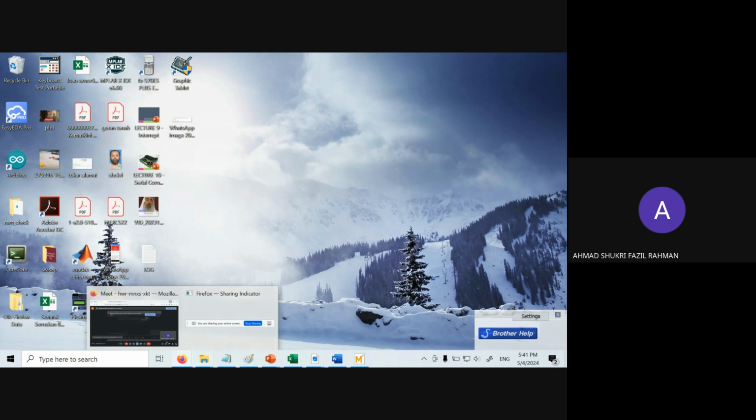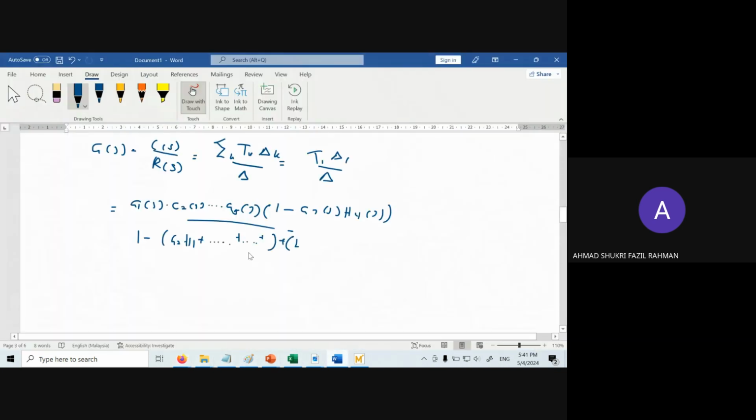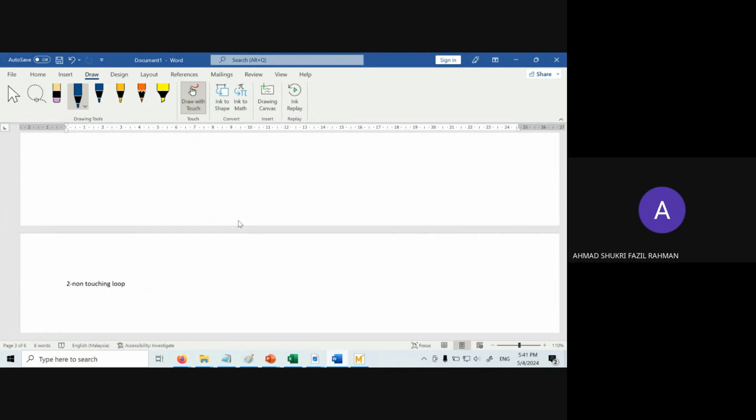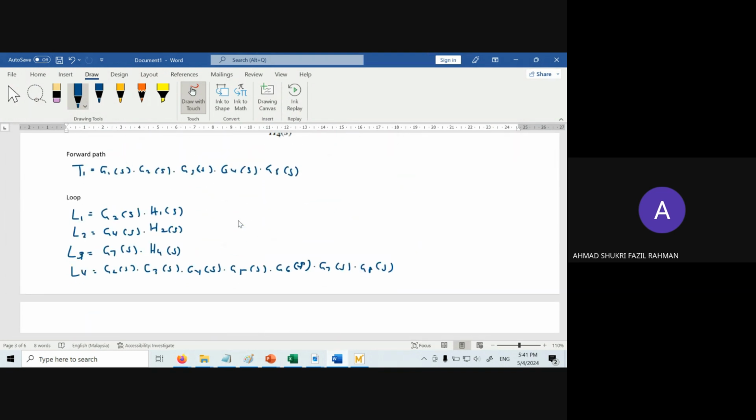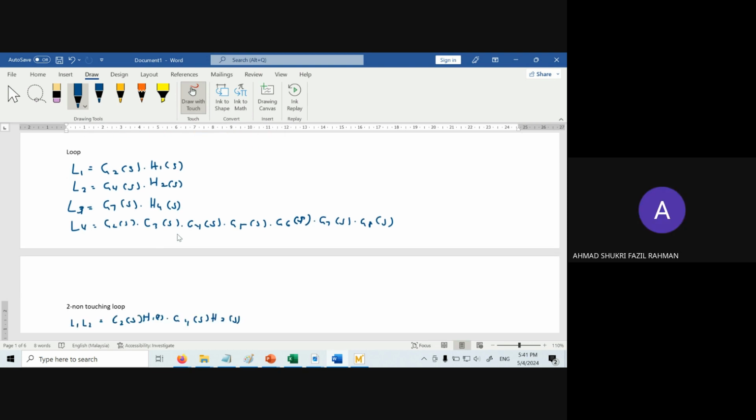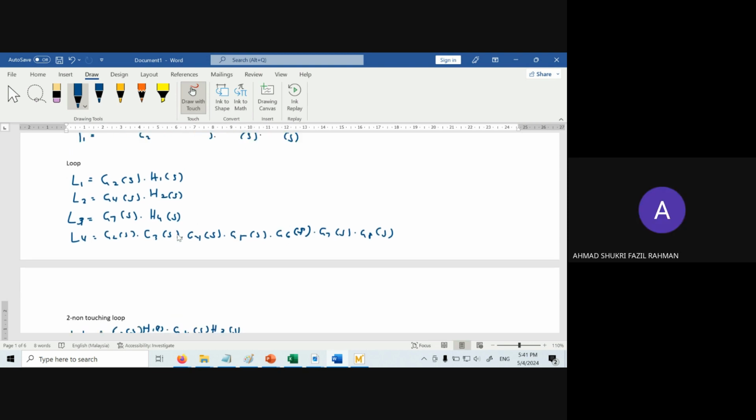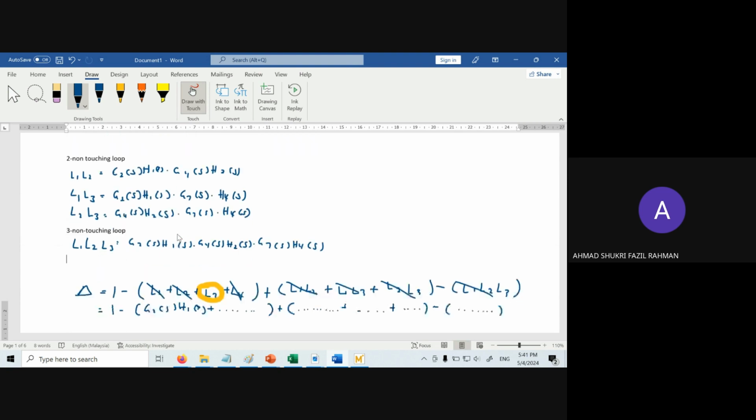For example, for our question here we have up to 4, so the loop gain is actually 4, and then for non-touching loop it is actually this one, L1, L2, L3 and L4. Oh, loop gain tu macam bilangan berapa? Bilangan dia. Okay.